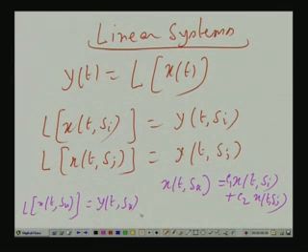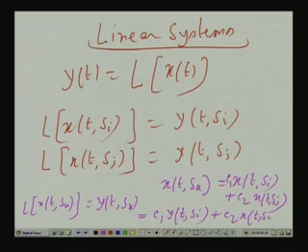If it is linear, this becomes the same as C 1 times the response due to the first waveform x t comma s i, plus C 2 times the response due to the second waveform x t comma s j. That is, it turns out to be C 1 times y t comma s i plus C 2 times y t comma s j, which means the principle of superposition should be valid.